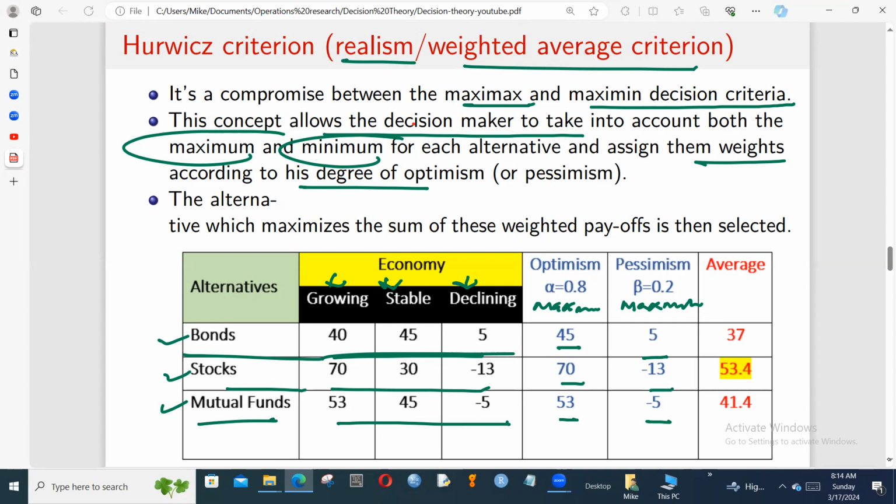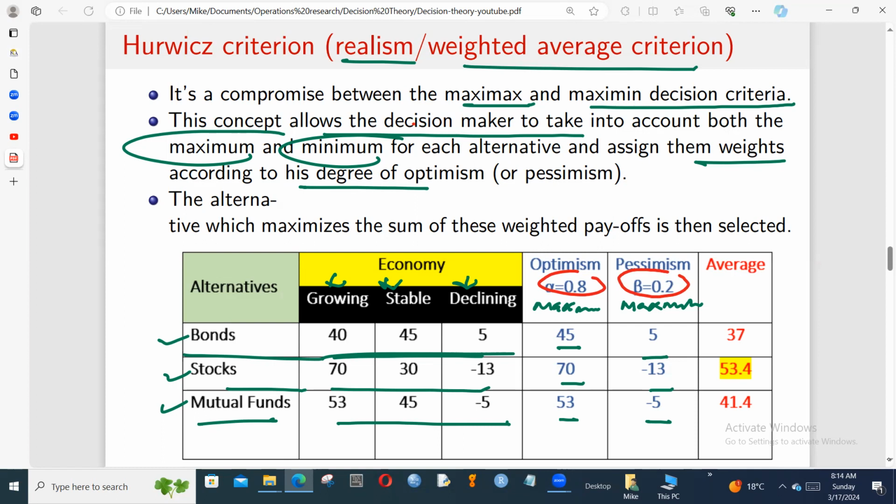For example, a weight is a proportion, and proportions sum up to 1. And so let's say he assigns a coefficient of optimism to be 0.8, that alpha is 0.8. And so the pessimism will be the complement, which will be 1 minus 0.8, which is 0.2.